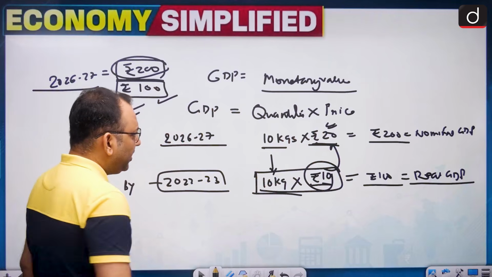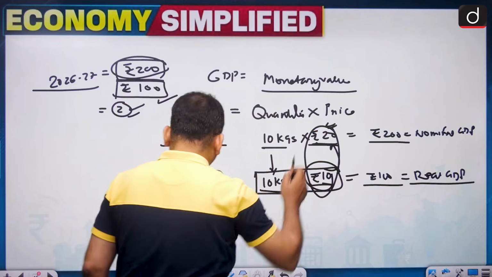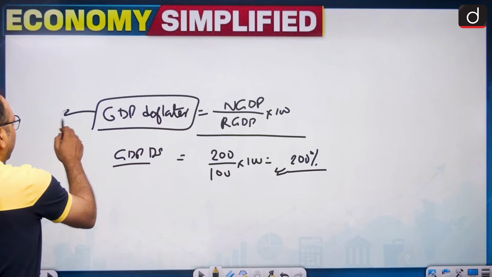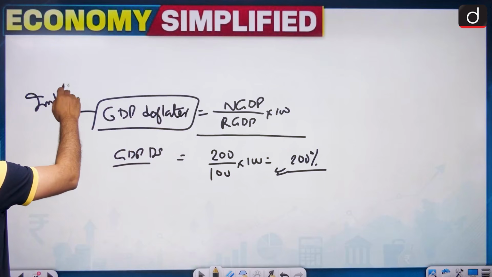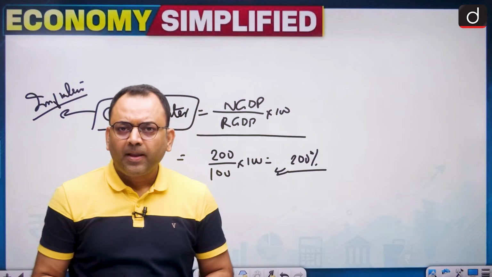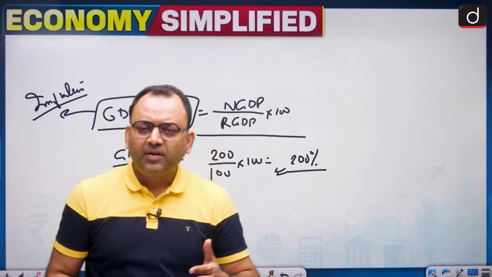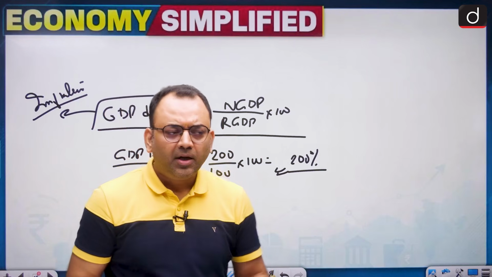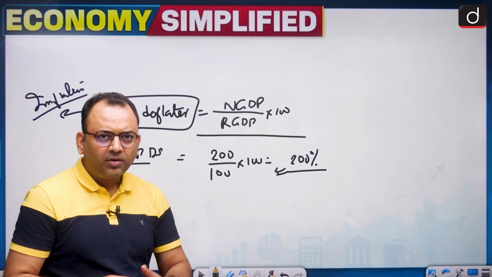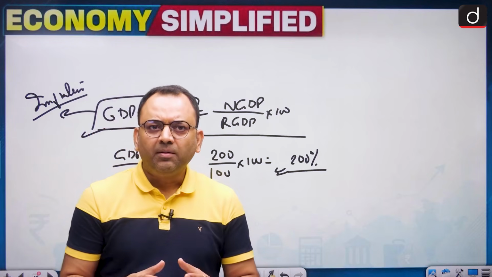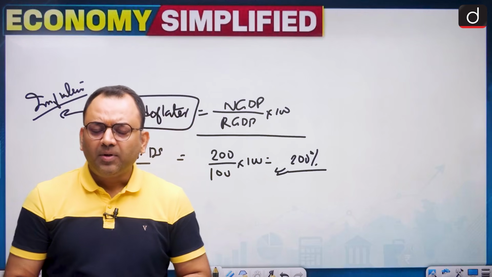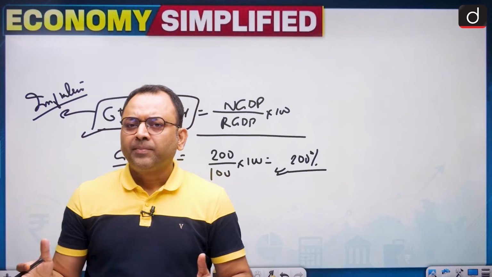So this GDP deflator can tell me the inflation in the economy between the two reference years. From the base year, how much prices have increased, I can get to know using the GDP deflator. It's a measure by which we can measure how much inflation there is in the economy in the current year as compared to the base year.